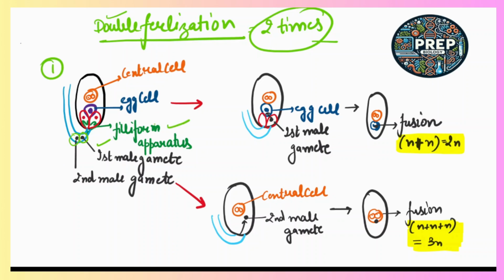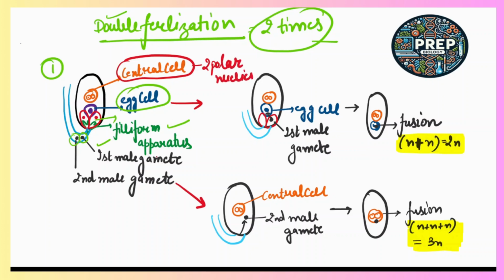With the help of the filiform apparatus, they enter the cytoplasm of the synergid cells. Now we know that at the micropylar end the egg cell is present, and at the center of the embryo sac the central cell is present, which contains two polar nuclei.